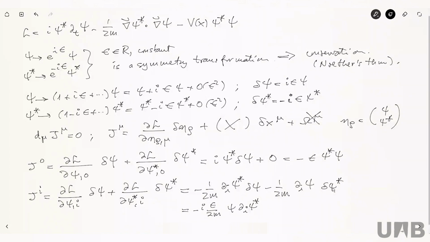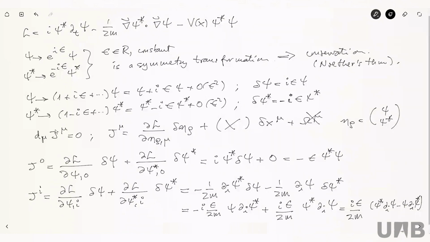And then here we have δψ*, which is minus iε, and minus and minus gives me a plus iε divided by 2m, and then we have ψ* ∂_i ψ. So we can write this as iε divided by 2m times (ψ* ∂_i ψ minus ψ ∂_i ψ*).